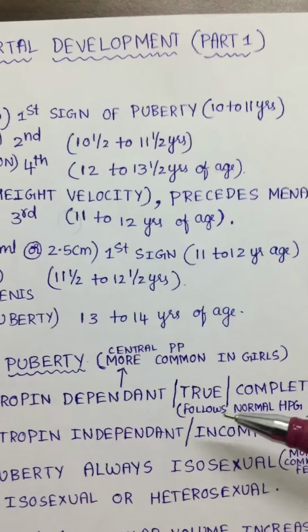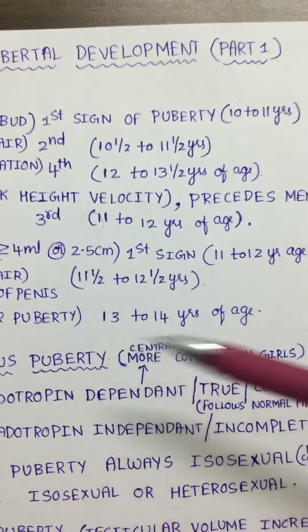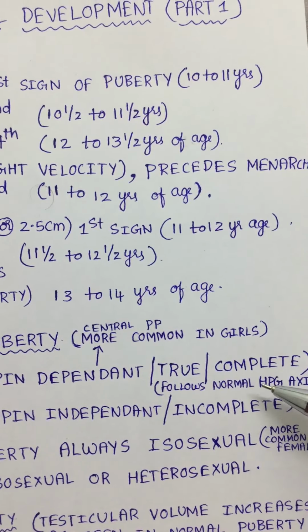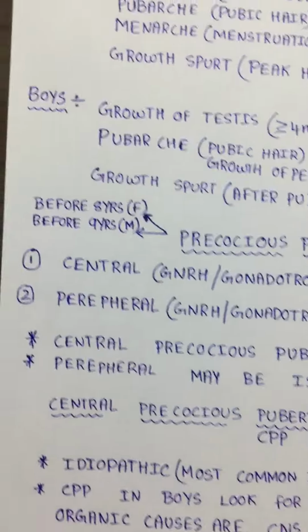The stages of puberty are the same as the normal stages. That's why it is called true or complete precocious puberty.